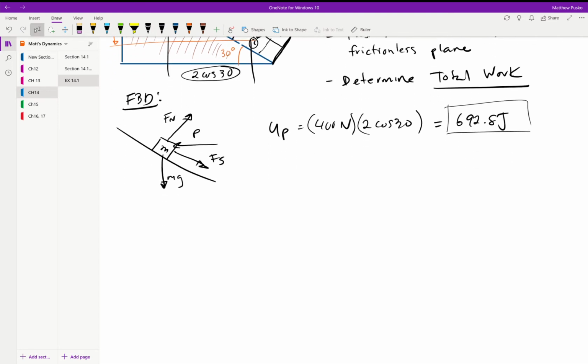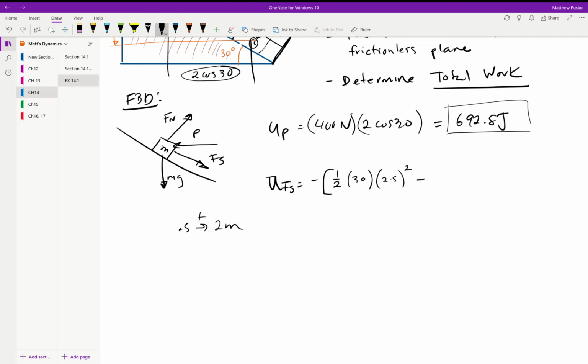What about the spring force? The work done by the spring force. Well, we have a formula for that. We say it's 1/2. We take the spring constant, and then we take our final position. So it was initially stretched 0.5, and we add 2 meters to that to get 2.5 meters.